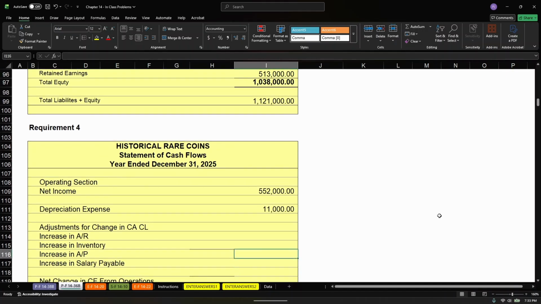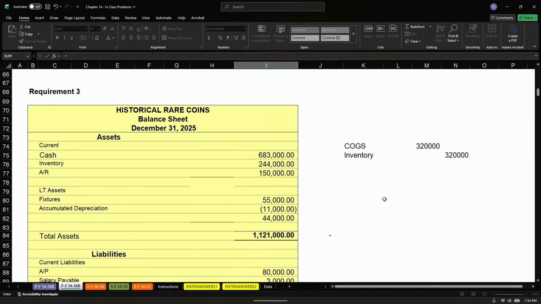Now we have to remember our rules for changes in these current assets and current liabilities. All of these are increases because we started at 0 in the beginning of the year. An increase in accounts receivable is a negative adjustment to cash because it's a current asset. An increase in inventory is also a negative adjustment because it's also a current asset.